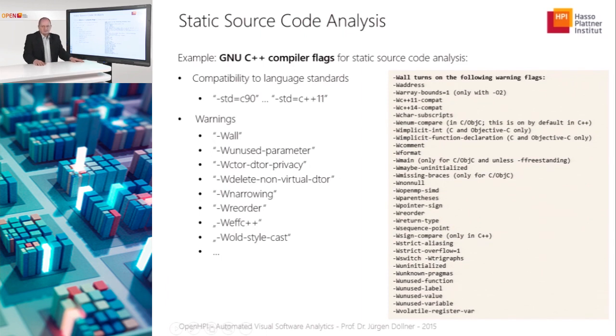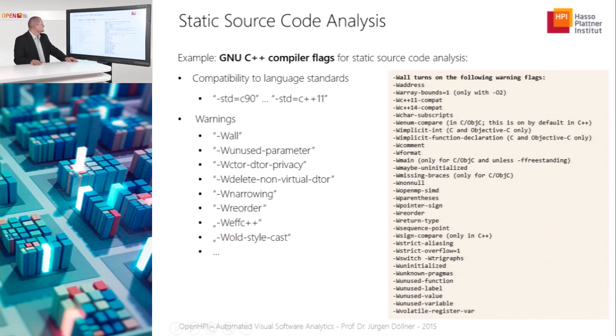To give you one more example of where to start, you can most easily start with your compiler. Have a look at the options compilers typically offer, for example, in this case, a GNU C++ compiler. They offer, in general, a number of flags that allow you to activate static source code analysis techniques.